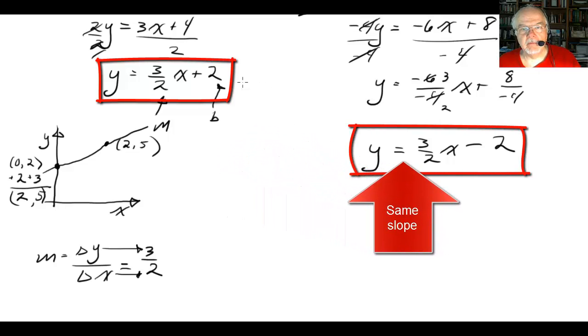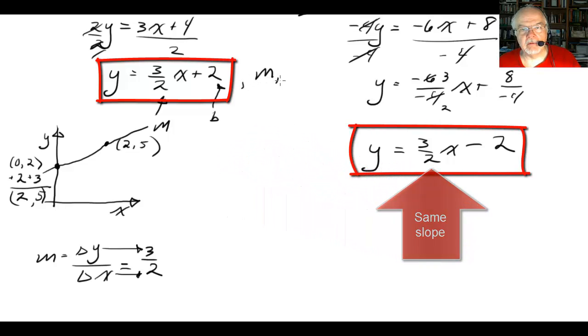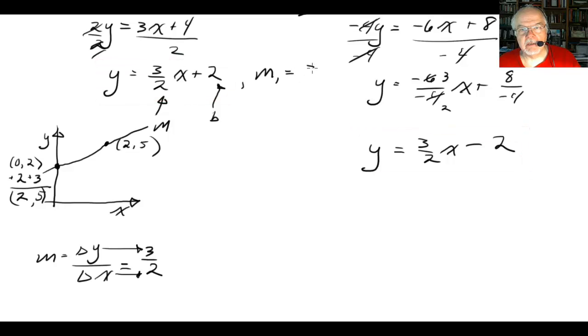We have a problem. What's our problem? The slope here, m1, is 3/2. The slope here, m2, also equals 3/2. If we were to plot it, here's b. So b would be down here somewhere at 0, minus 2, and it would have the same slope, so it would look something like that. And these two lines are parallel.